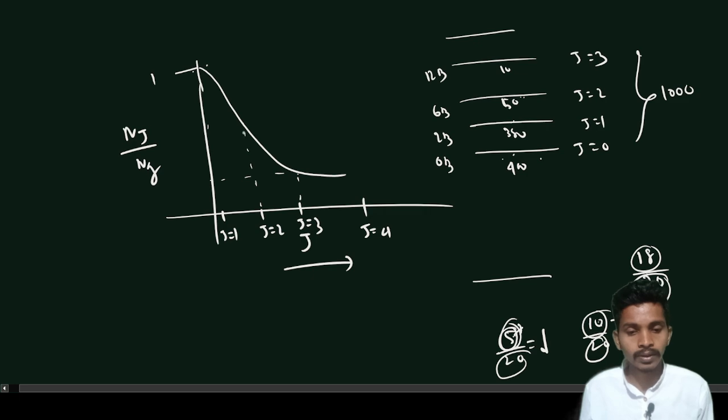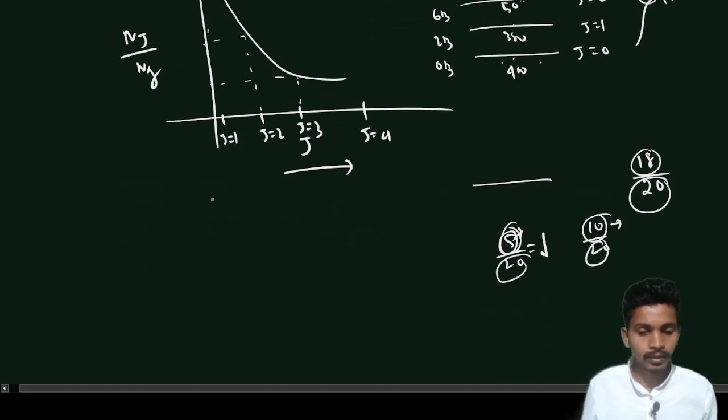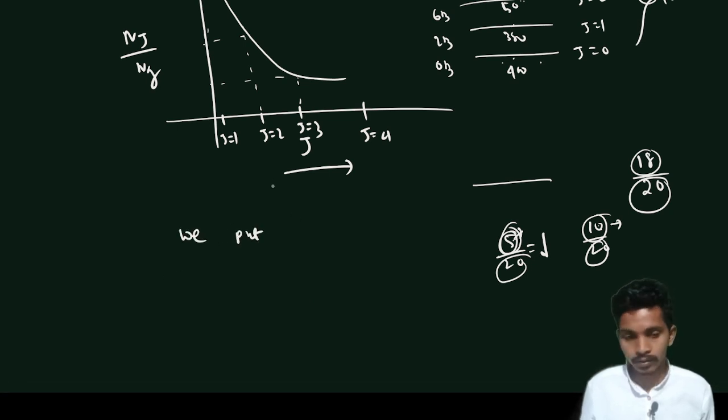This J value, this ratio, decreases. Okay, so now previously we said that B was fixed.